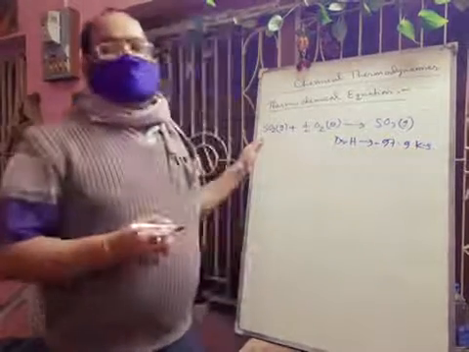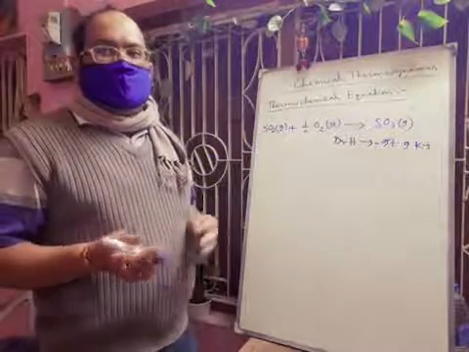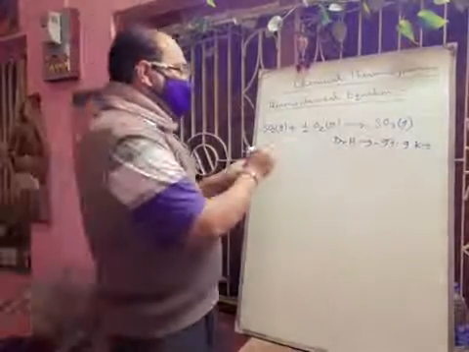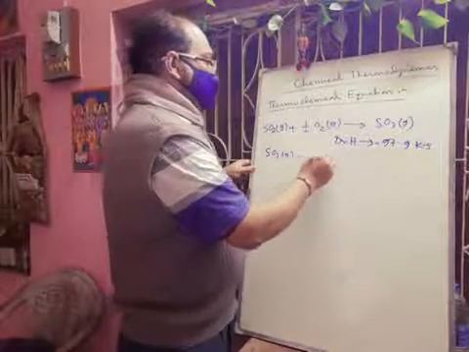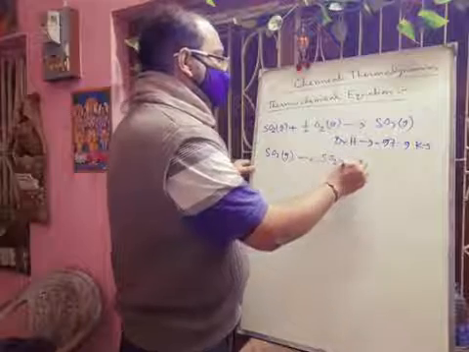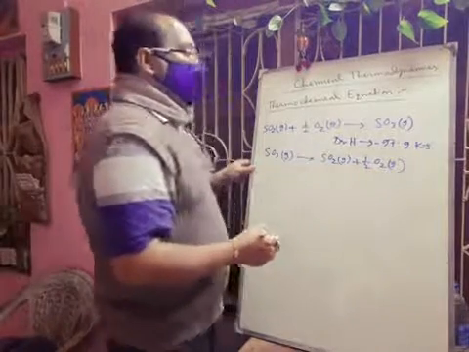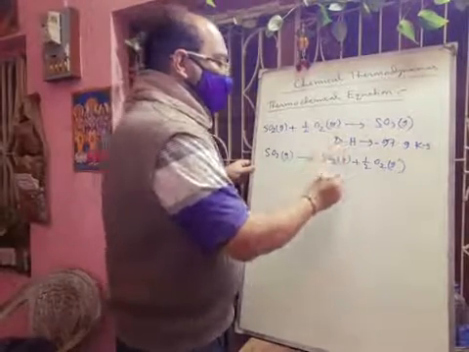Now if we reverse the reaction, that means we write SO3 gas forming SO2 gas plus half O2 gas, then the magnitude will be the same but the sign will be changed.